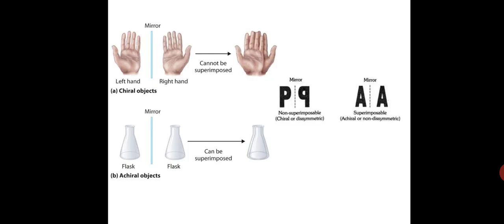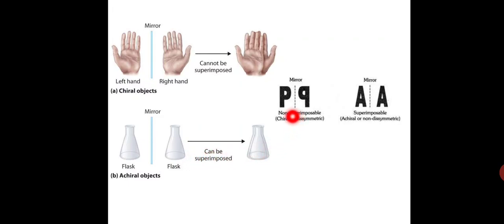Here you can see some examples of chiral and achiral objects. This is the simplest example: your left hand and your right hand. They are mirror images, and they are not superimposable, so you can term them chiral objects. But for an Erlenmeyer flask, the mirror image is exactly the same as the object, so they can be superimposed, and hence it is an achiral object.